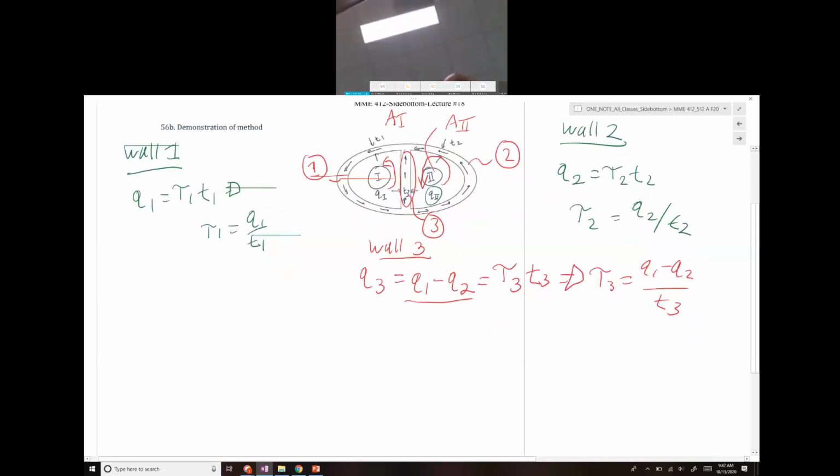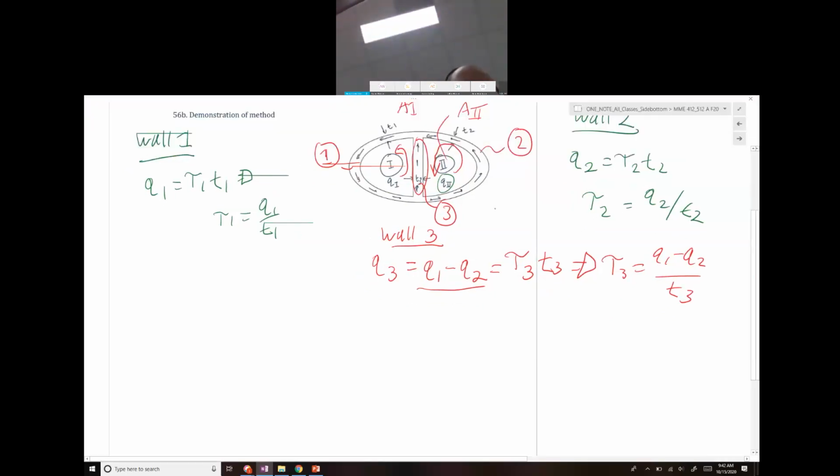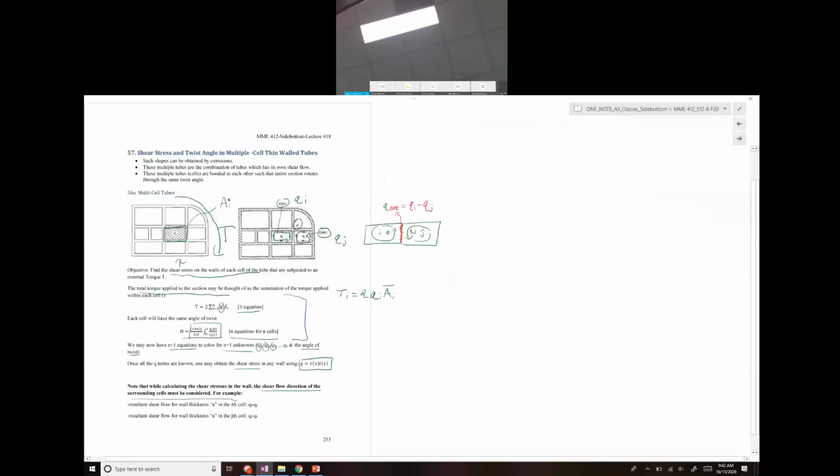Then the next part would be if we have an externally applied torque. On the last page we defined these two sets of equations, for the overall torque applied to the system and the angle of twist theta.